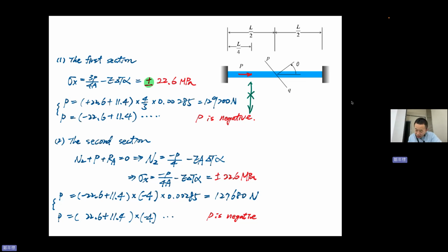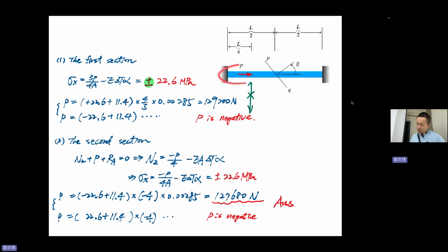Okay, so now which one will we choose? I believe I don't need to ask because this is easy now, because we are going to choose the lower one, because otherwise it will break, right? So this is the answer: 127,680. And you know that the second part is weaker, right?